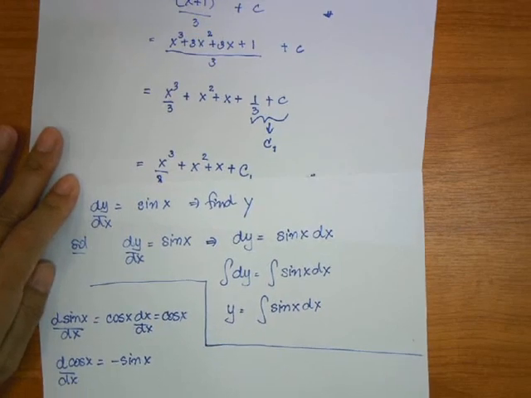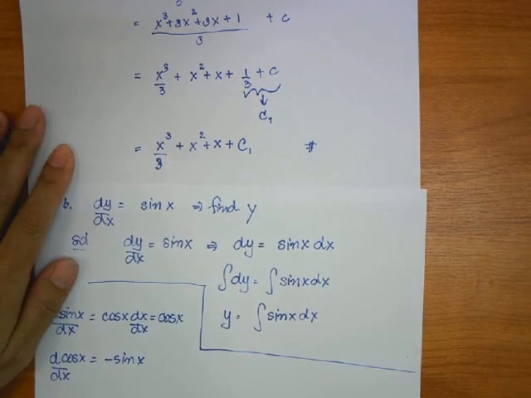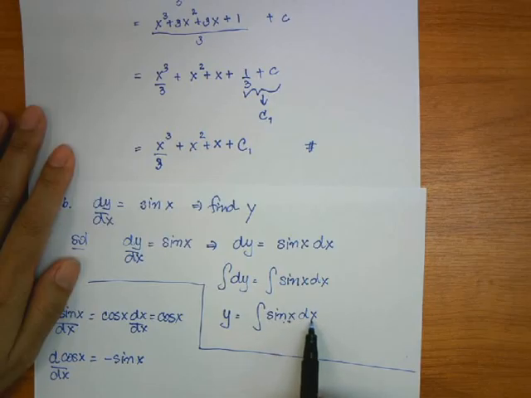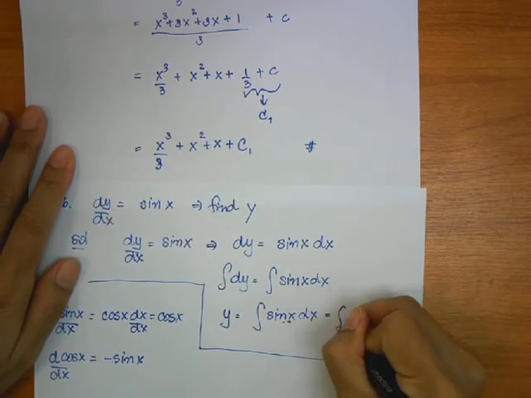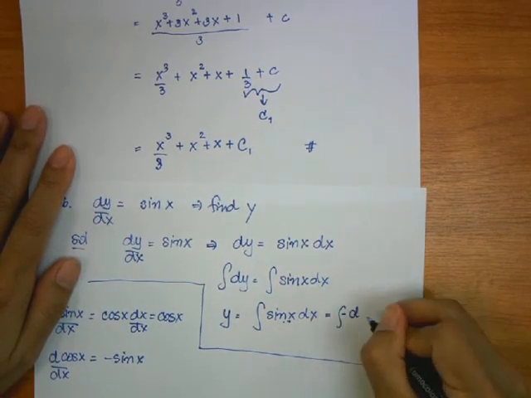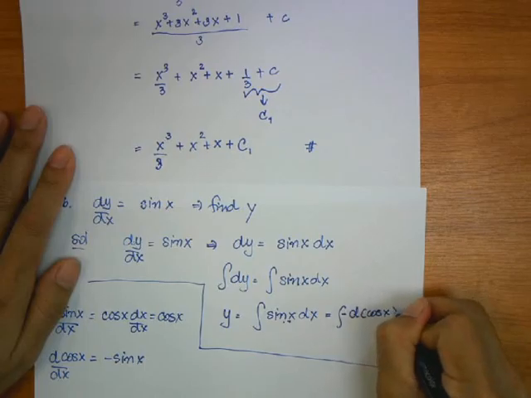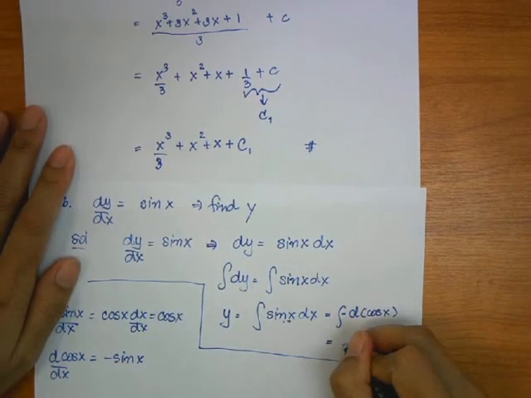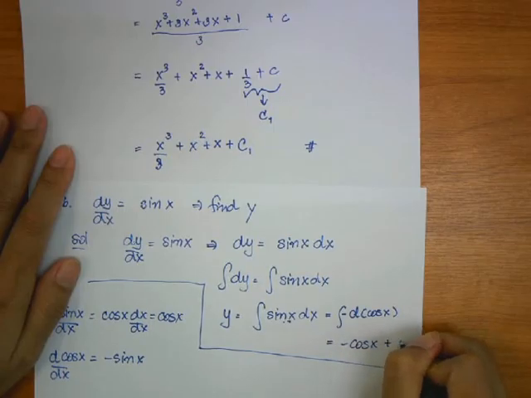Now, you compare to the term. You have sine here. That side there is equal to d cos minus d cos, right?